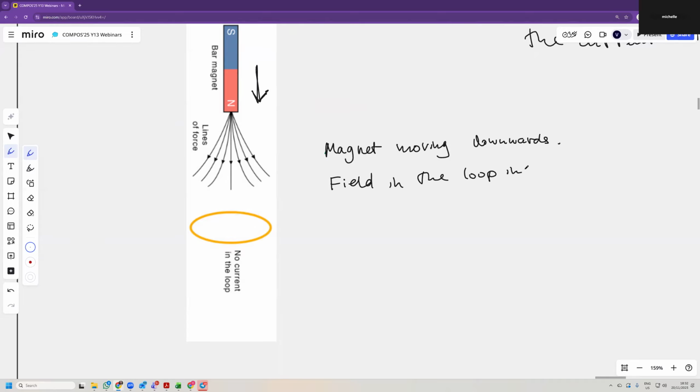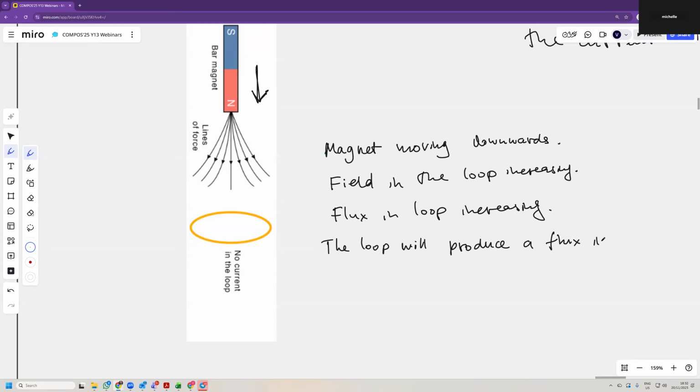The flux in the loop is increasing. Now the loop does not like that change, and the loop will produce a flux in the opposite direction, because it does not like change.